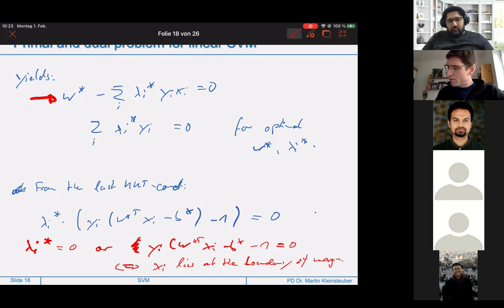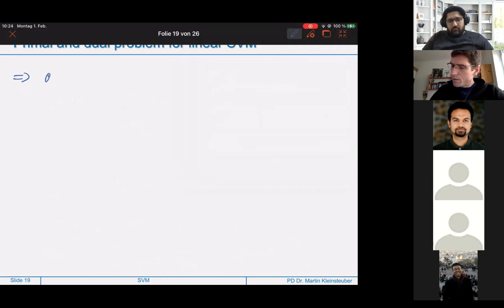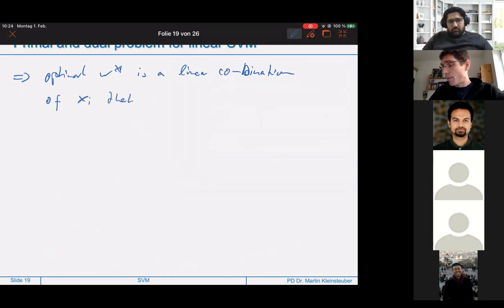So that means that the optimal W star is a linear combination of xi that lie on the boundary of the margin.